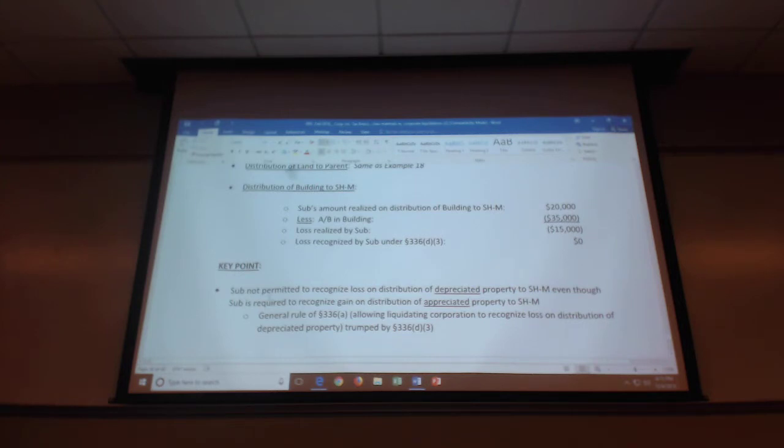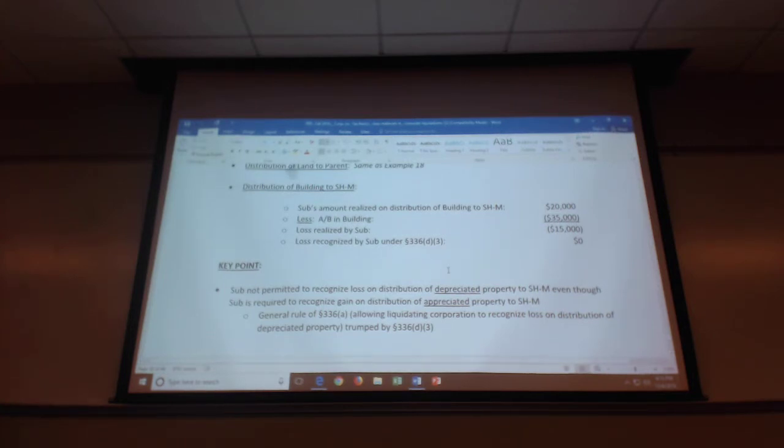And the code tells us in 336(d)(3), as an exception to 336(a), that even though loss would normally be recognized on a liquidation by a corporation, the subsidiary does not recognize the loss if it makes a distribution to the minority shareholder.